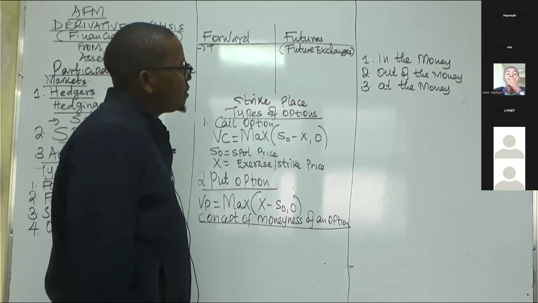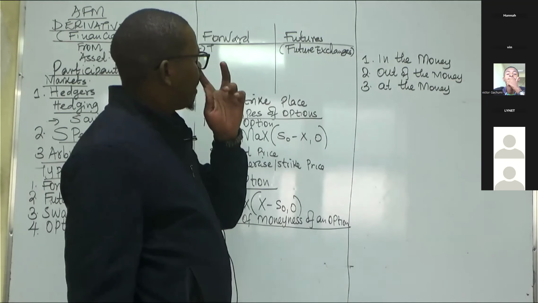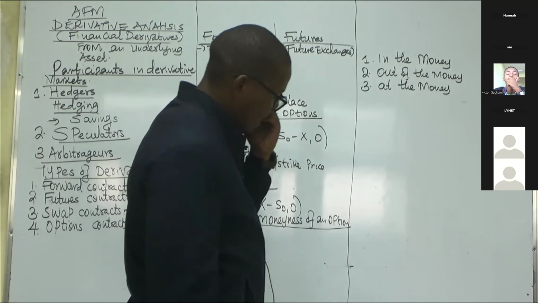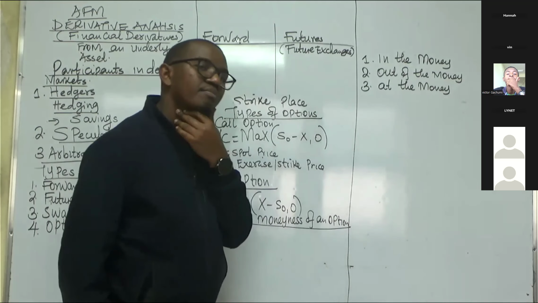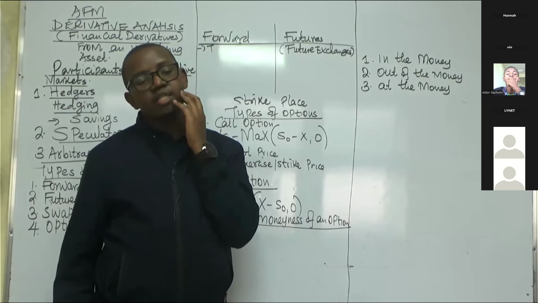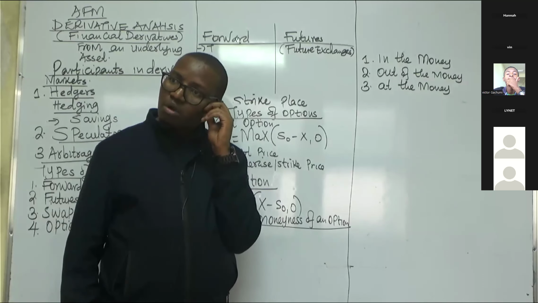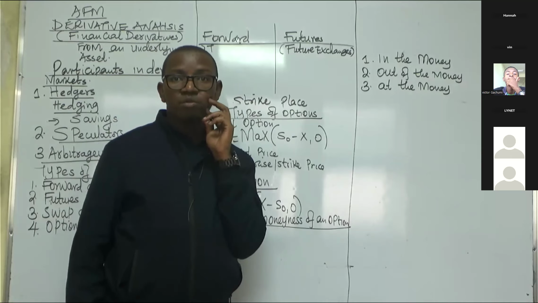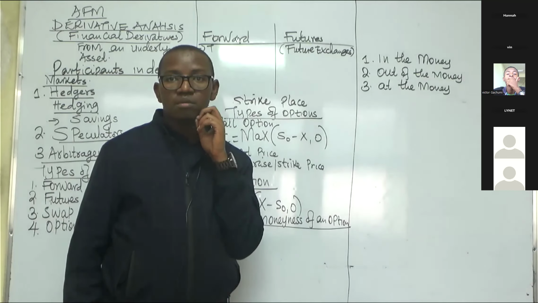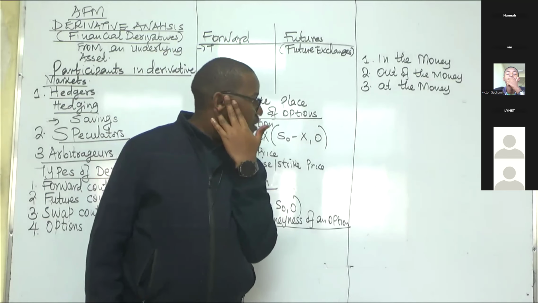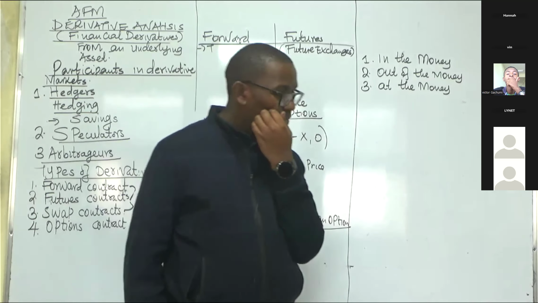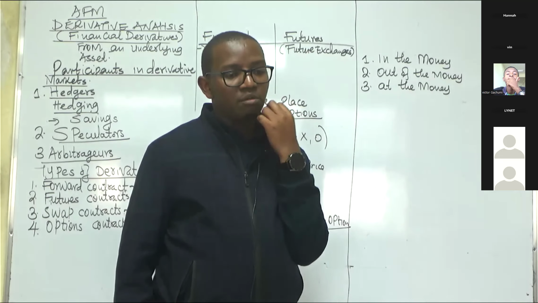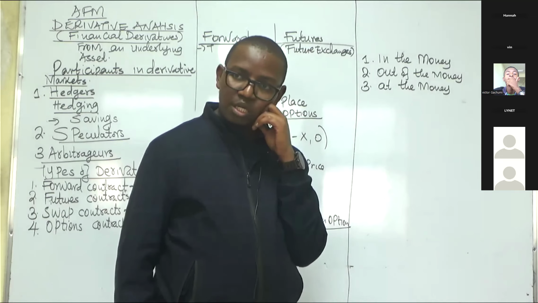Out of the money options are those options in which exercising the option would produce cash inflows less than cash outflows.